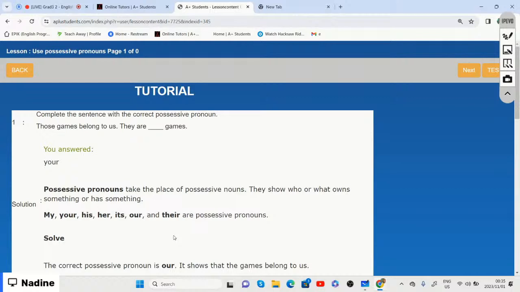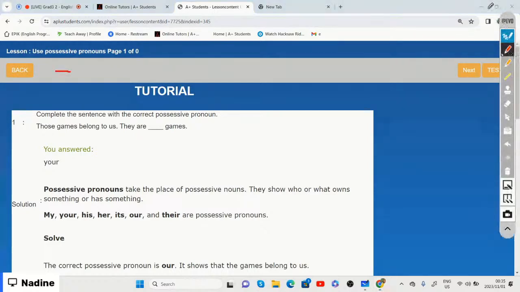All right, so we basically say those games belong to us, which means they are our games. So if the games belong to us, then we say it is our games, right?